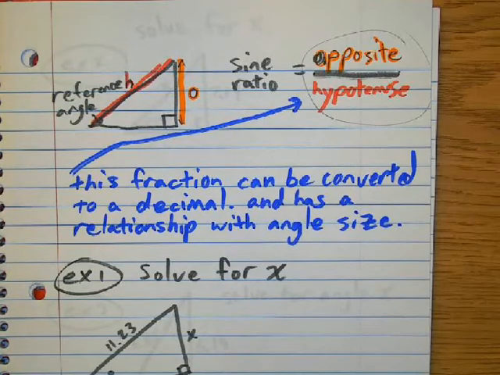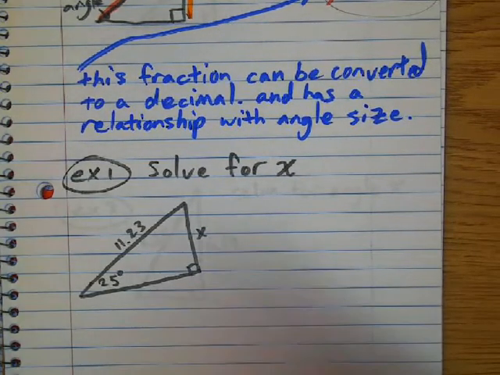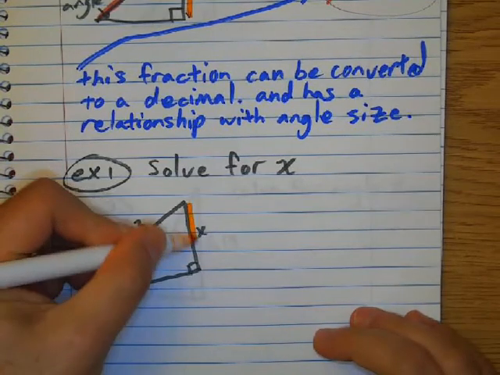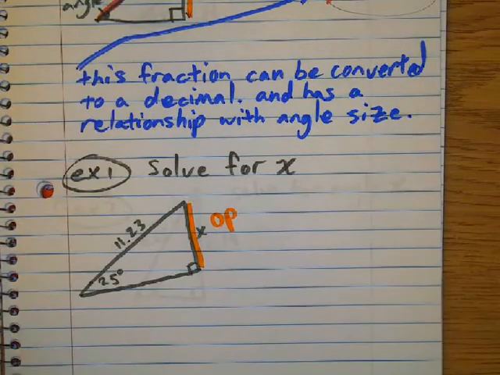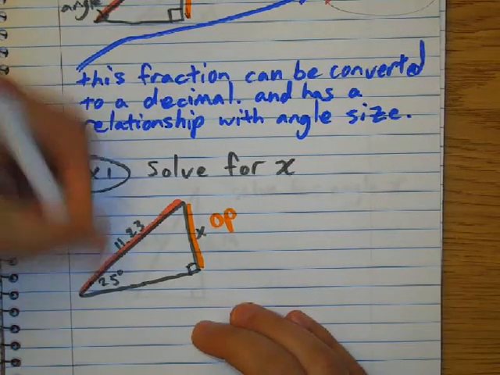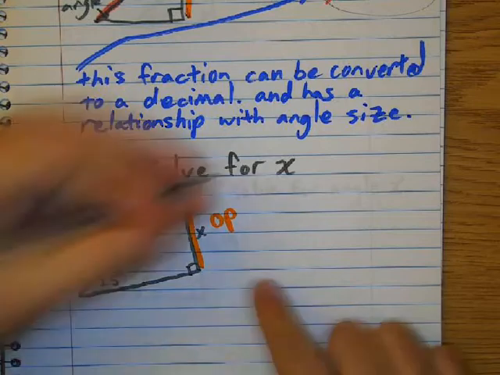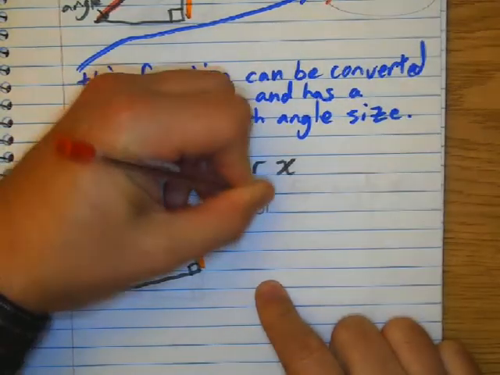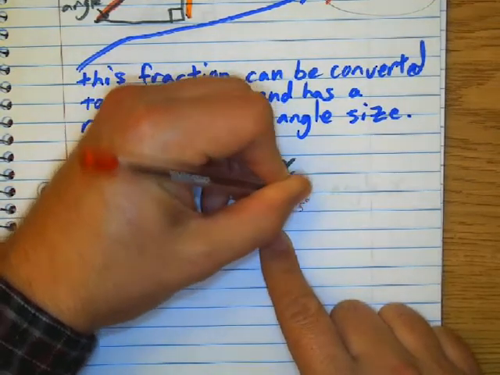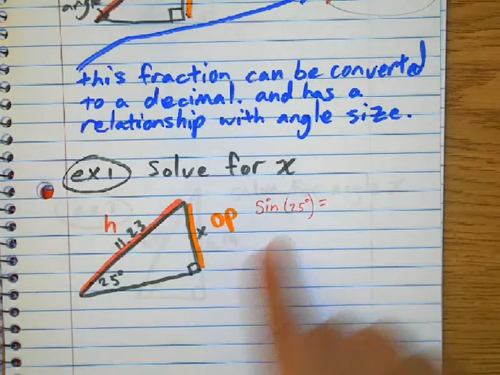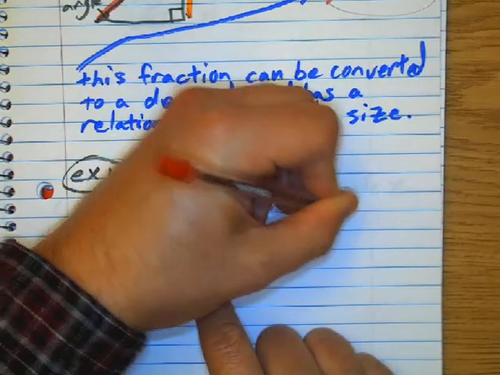So let's do this problem here. I'm going to be using the calculator for these problems, and I'll show you the other. So here we've got our opposite side. I'm going to label it op, and here we have the hypotenuse. I'm going to color the hypotenuse in red, and so I'm going to write down my relationship. I've got sine, and we abbreviate it with SIN, sine of 25 degrees equals opposite over hypotenuse, so x over 11.23.